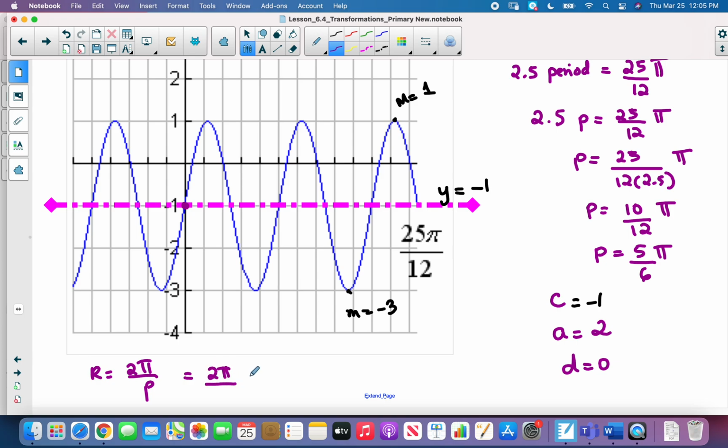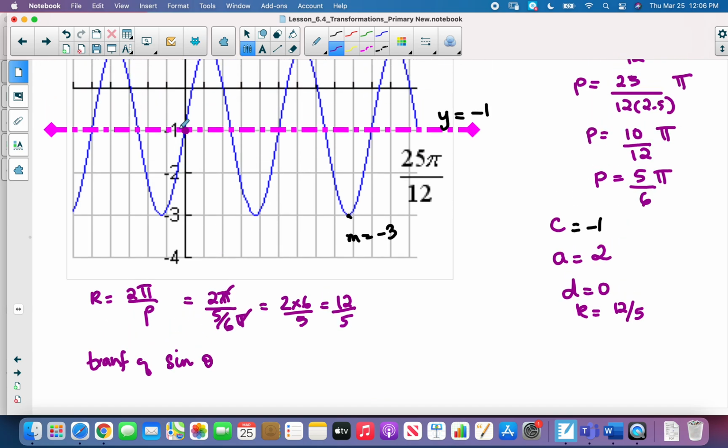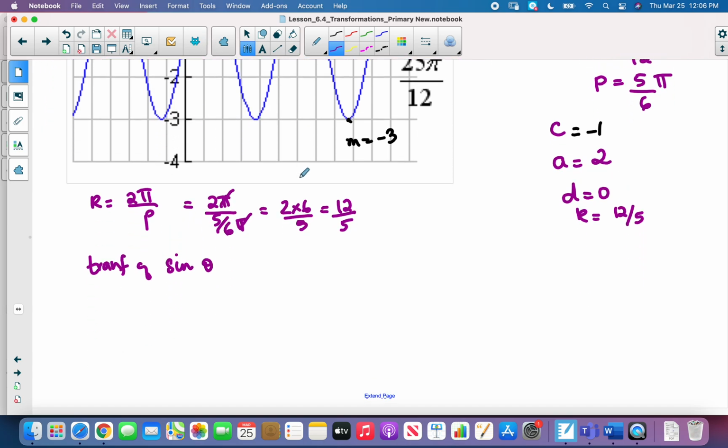I found out the period to be 5 over 6 pi. So the pi and pi cancel out. 2 divided by 5 over 6 is the same as 2 times 6 over 5, which is 12 over 5. So I have my k value, which is 12 over 5. So now my function is a transformation of sine, because it's starting as sine does, okay?